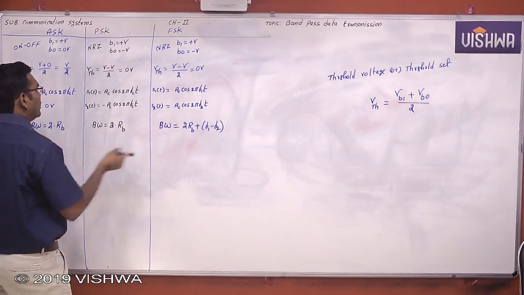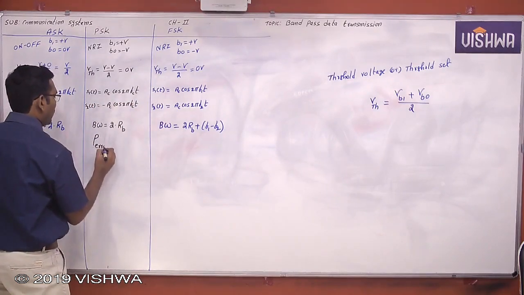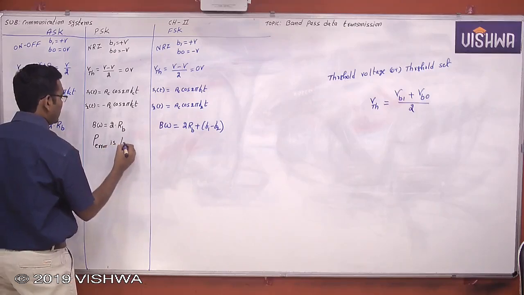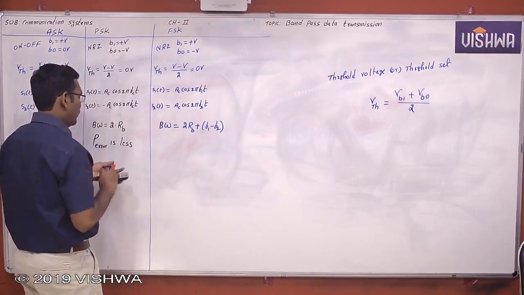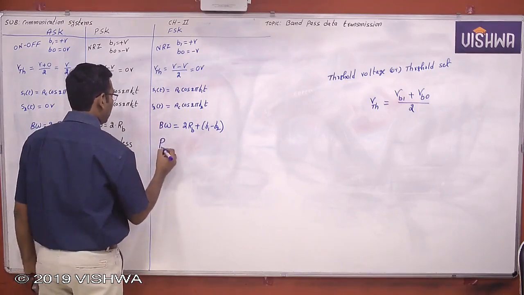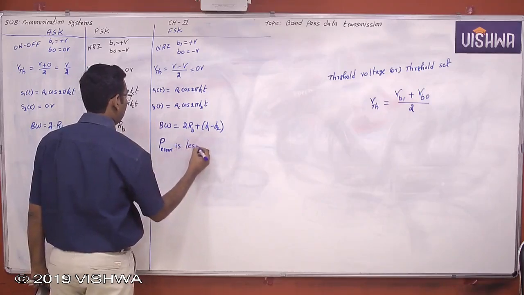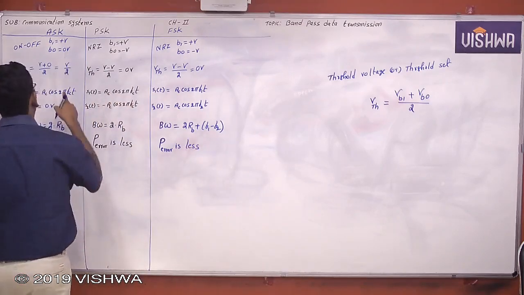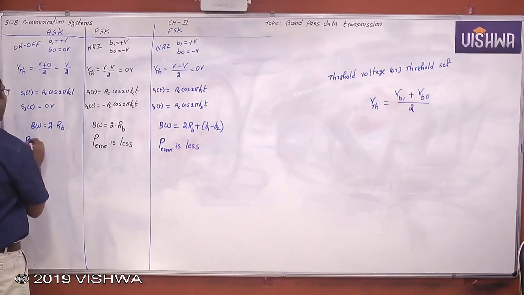What is the threshold voltage here? 0. So don't say the error probability is 0, but the probability of error is less. Here also the threshold voltage is 0, therefore the probability of error is less. But here the threshold voltage is V by 2, so the probability of error is high compared with these two.